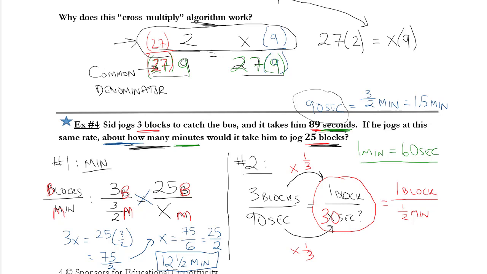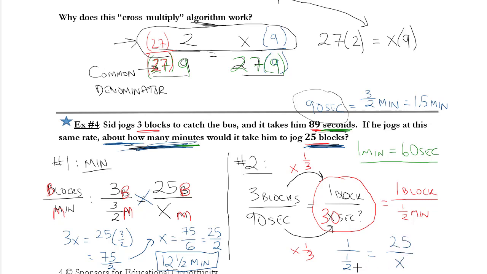Now let's look at our question. Our question again is asking how many minutes would it take him to jog 25 blocks? So let's use this 1 block every half a minute. I can set this up over here: 1 block every half of a minute, and how long would it take him to go 25 blocks?